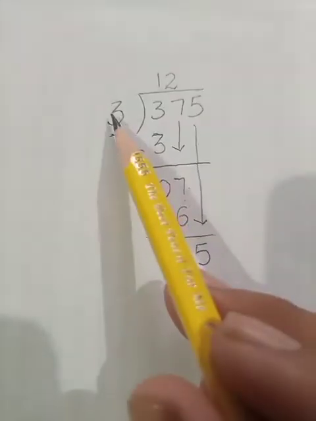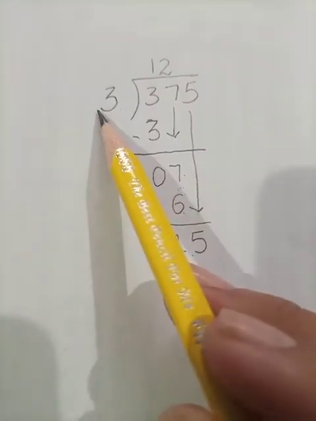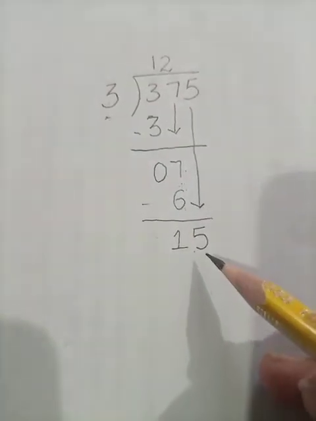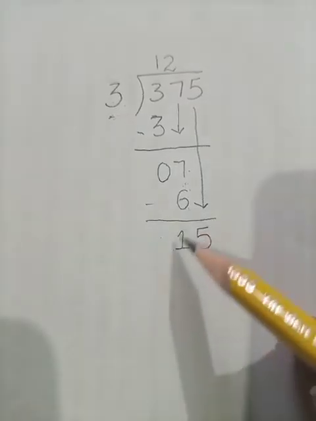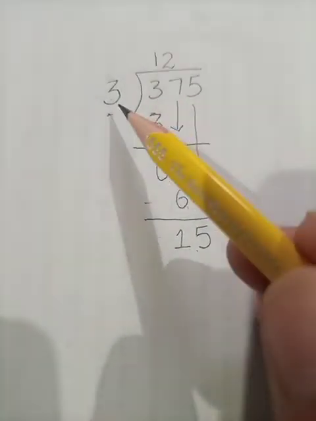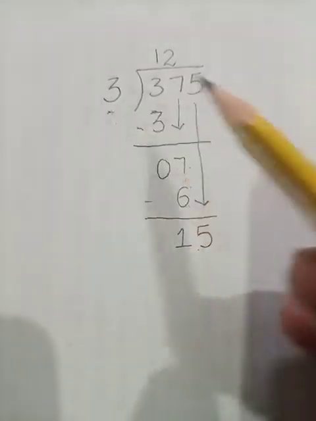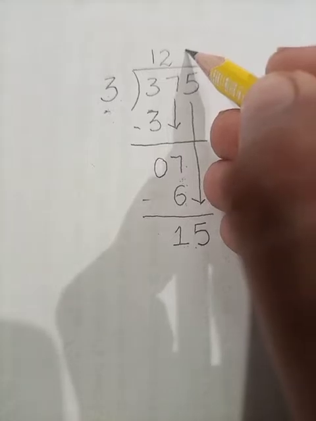So students, we can easily divide the number 15 by our divisor 3. So let's try to divide it. I am going to read the table of 3 until I get this number. 3 ones are 3, 3 twos are 6, 3 threes are 9, 3 fours are 12 and 3 fives are 15. Look students, I have got my number.